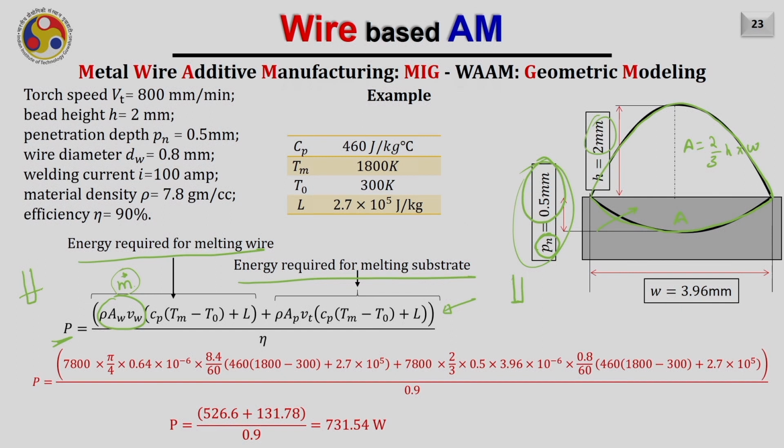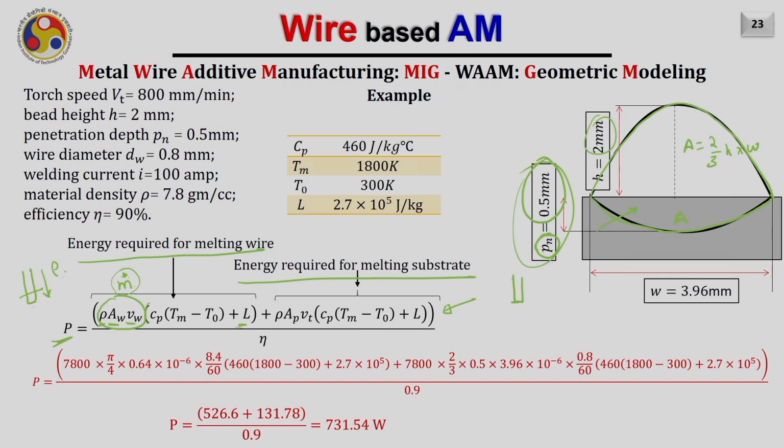I know the cross section of this wire, the velocity, and the density, hence I know the mass flow rate. So, mass flow rate is rho A_W times V_W, the area of the wire times the velocity of the wire, and the energy is m dot times the bracket Cp delta T plus latent heat L.